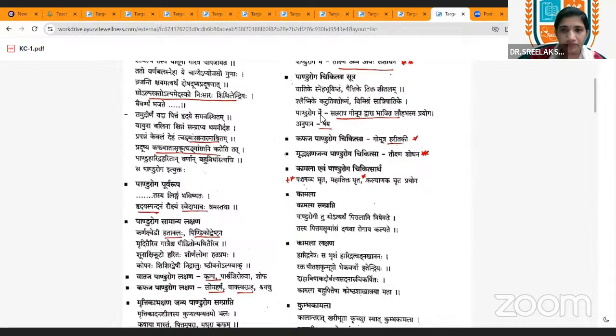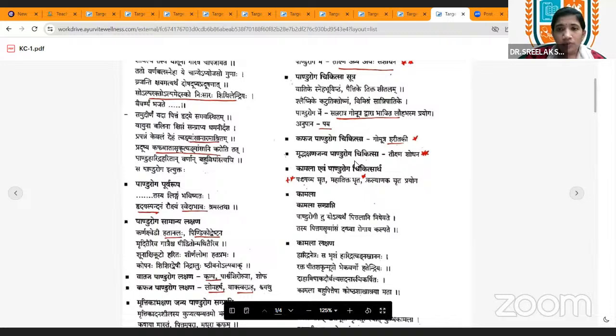Very important. And coming to the Mritbhakshana Janya Pandu, the treatment is Tikshna Shodhana. Tikshna Shodhana is mainly indicated. And for Kamala and Pandu Roga, we can advise Panchatikta Ghritam, Mahatiktakam, Kalyanaka Ghritam for Snehana purpose.